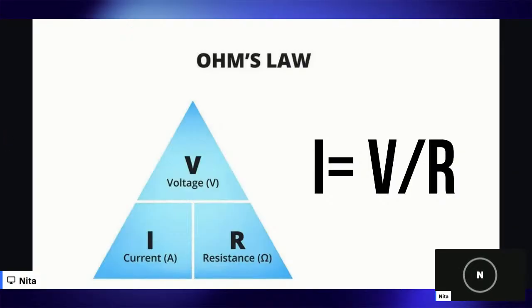Will you go over that? So you said if the voltage has the push and the resistance stays the same, there's more current, correct? If voltage increases and resistance stays the same, how does that affect the current?